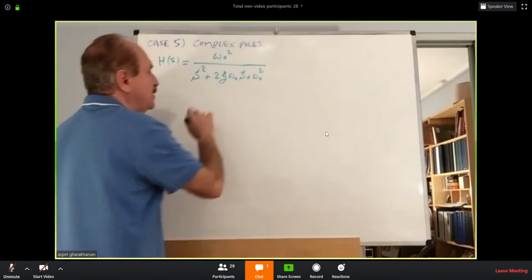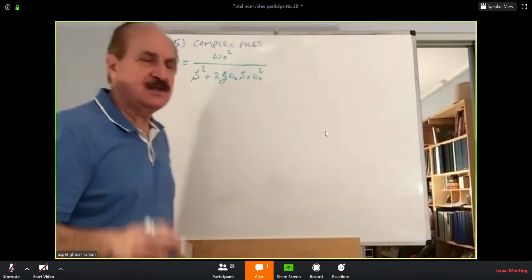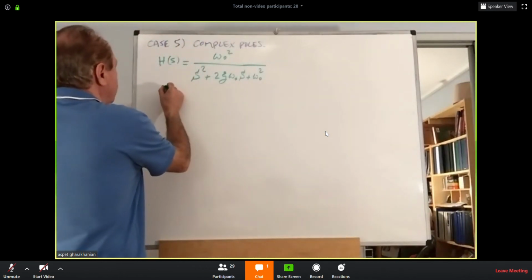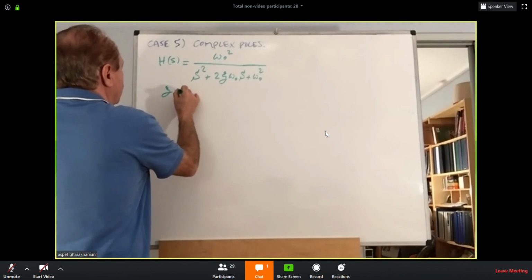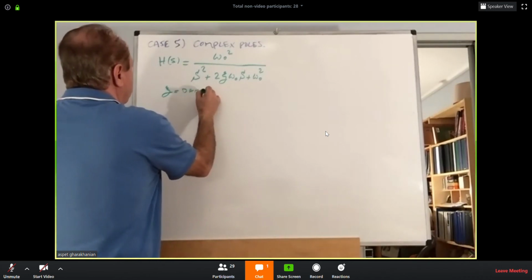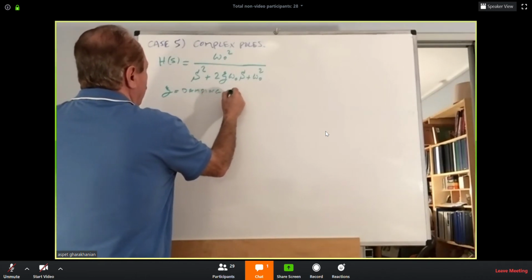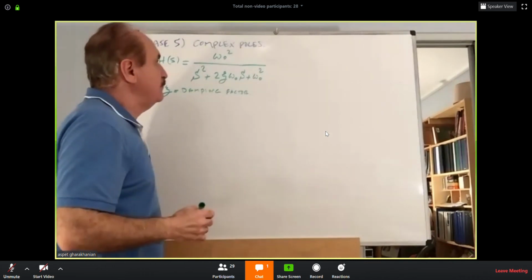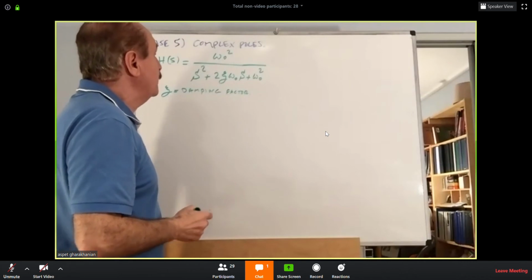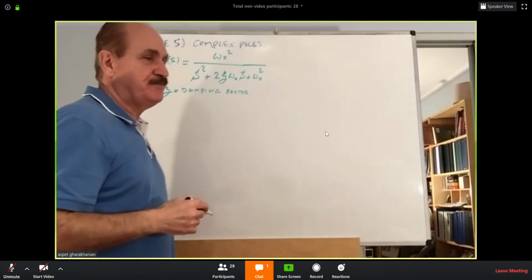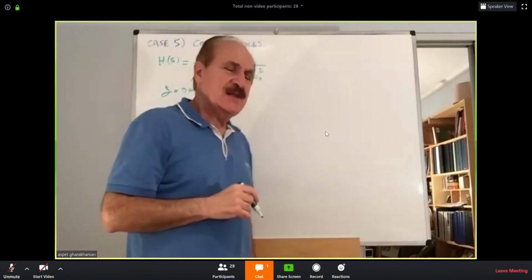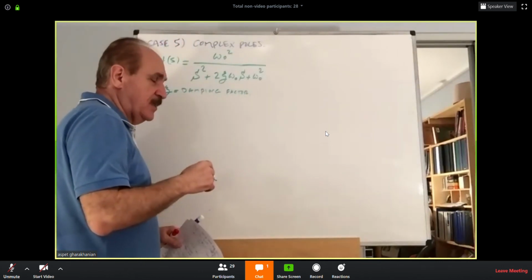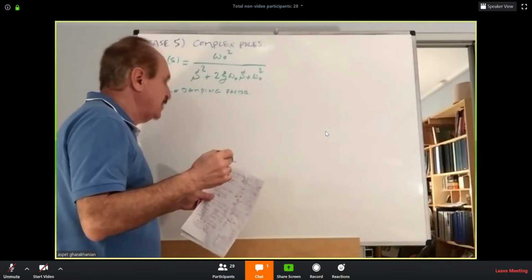We had a zeta in the beginning of the differential equation. Zeta is called the damping factor. If zeta happens to be less than 0.7, we're going to get a special behavior out of it.